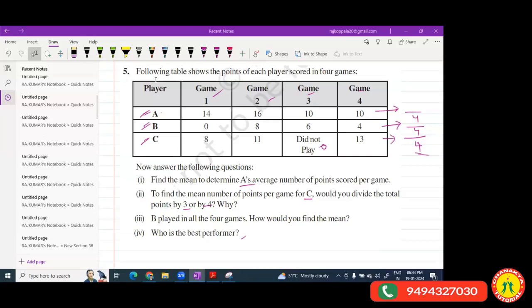Sometimes the mean will come as a decimal number also. Completed means let me know.